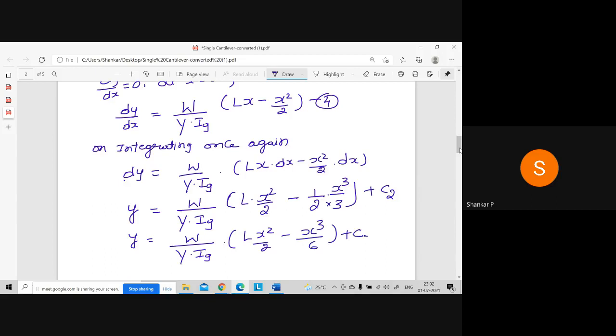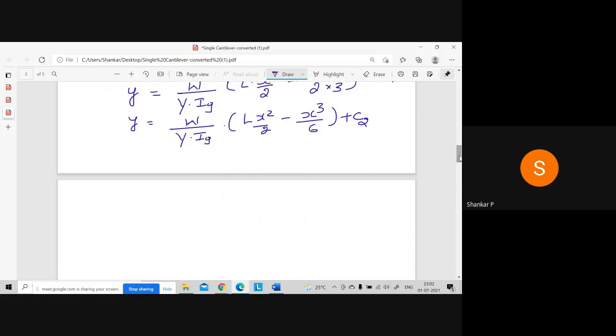So using the condition that depression is 0 at the fixed end, we already told that depression will be 0 at the fixed end, since the beam does not bend at the fixed end, right? y is equal to 0 at x is equal to 0. So by using this, we can find out the integration constant c2, and it turned out to be 0.